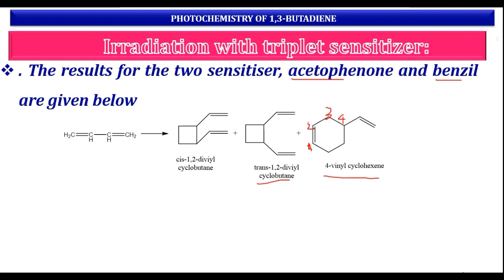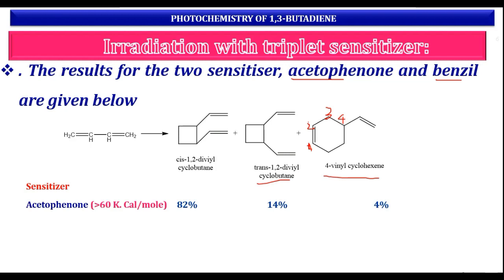So I think in 2016 they asked this question in the GATE examination, the products formed in the photochemistry of 1,3-butadiene. So here friends, let's see. When the sensitizer is acetophenone, its energy is greater than 60 kilocalorie per mole.